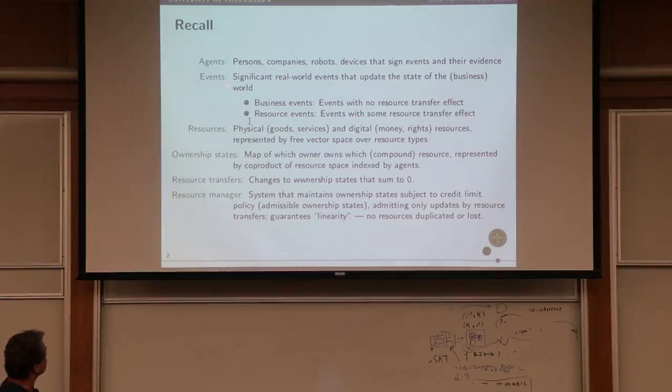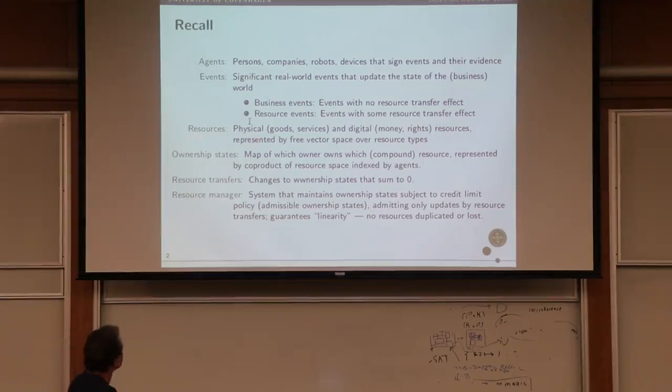Then events. There are significant real-world events that update the state of the business world, you could say, okay? So those events, we've classified into those that we just know are a category of events that has no resource transfer effect, okay? And the other events, they have a resource transfer effect, or possibly a resource transfer effect.